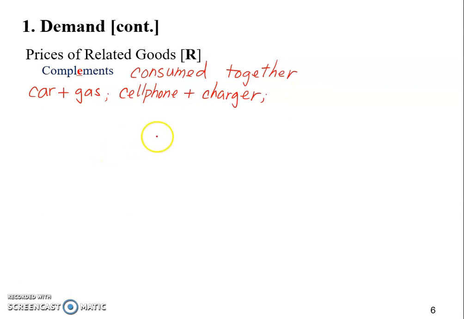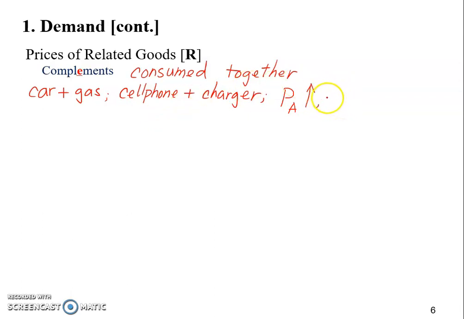Okay, now here let's look at the relationship between the price of A and the demand for B. Okay, or how much people would buy B. Now suppose the price of A goes up. Remember here people have to buy both A and B as a bundle. So you would find that the total cost of the bundle is higher.